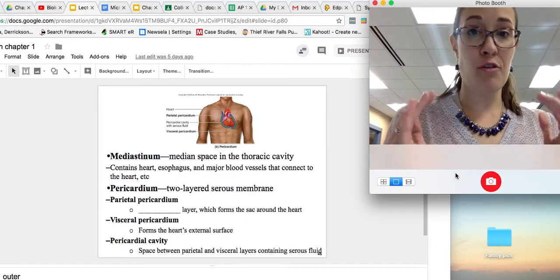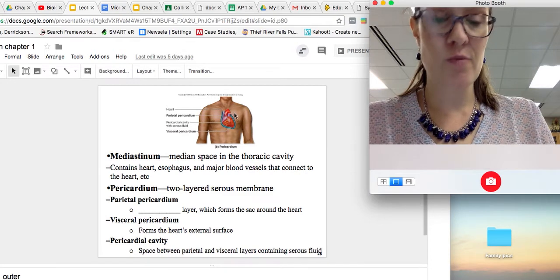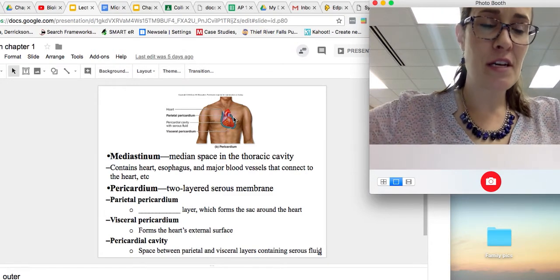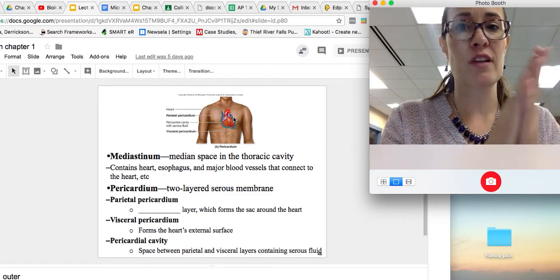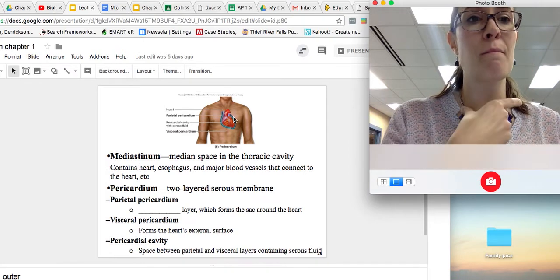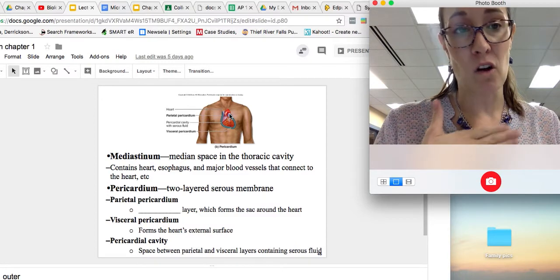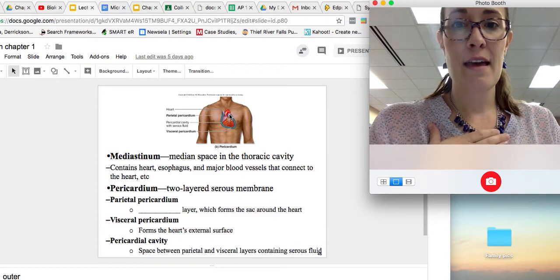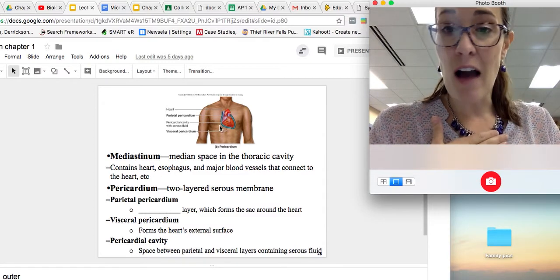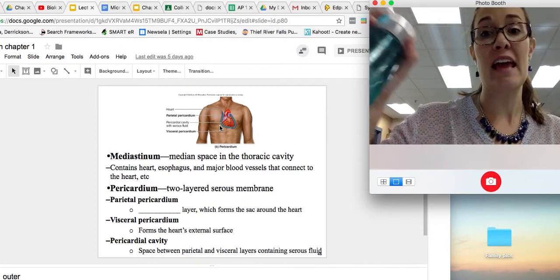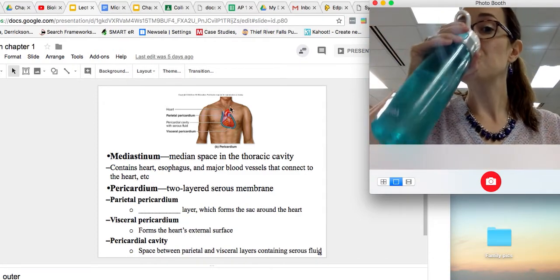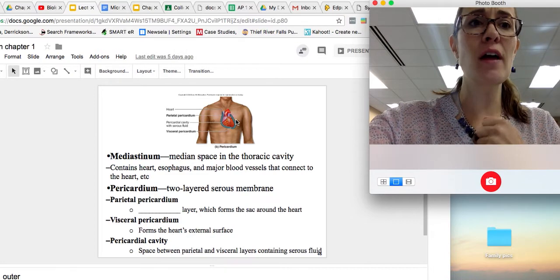Within the thorax, so this chest region, underneath the ribs, you have smaller subdivisional layers. The first one is called the mediastinum. The mediastinum is this area in the middle of your thorax. It contains your heart, your esophagus, major blood vessels like the aorta, in that middle area.